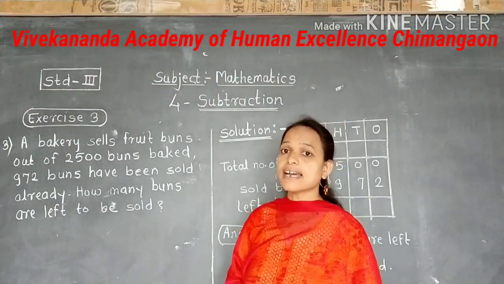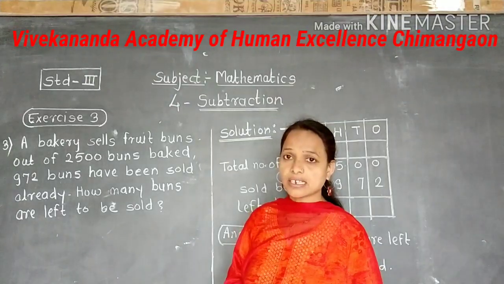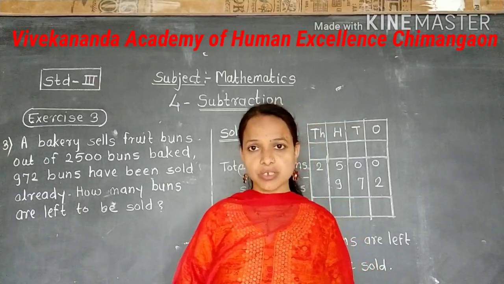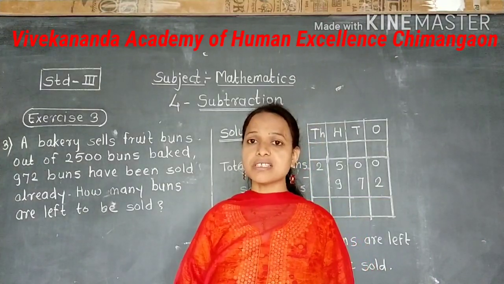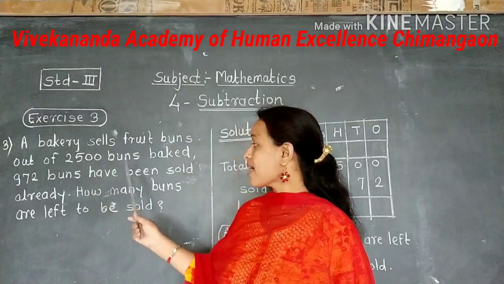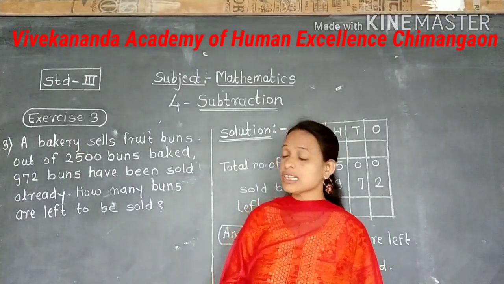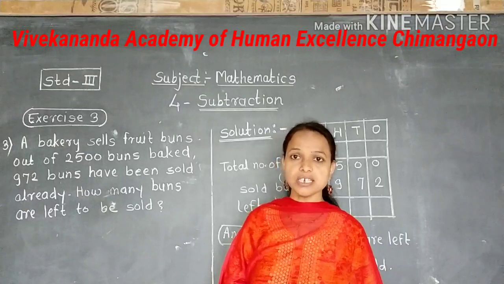If you read that word problem carefully, then you understand that the total number of buns baked is given, 2500 buns, and 972 buns have been sold, and you have to find out how many buns are left to be sold.